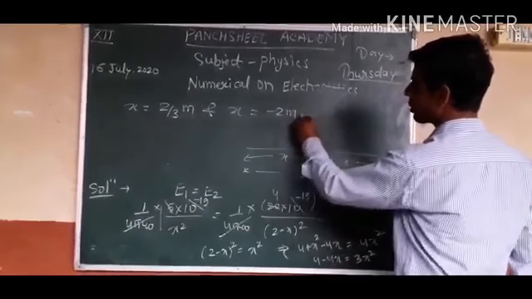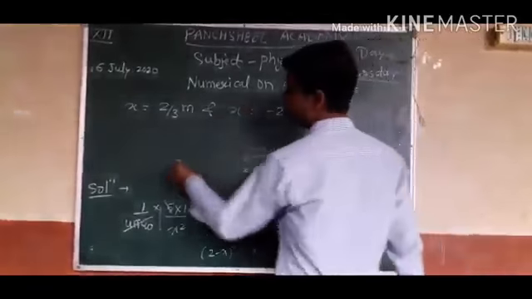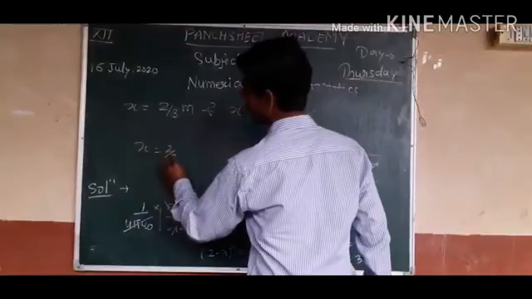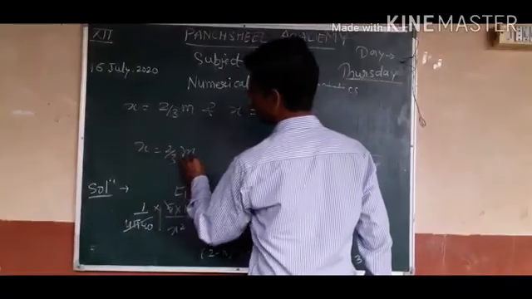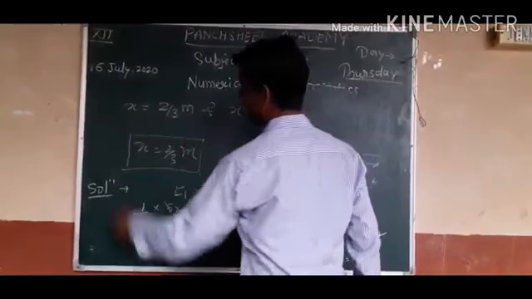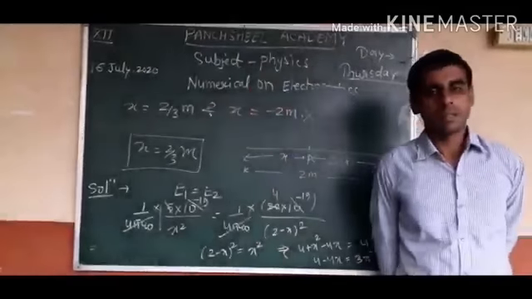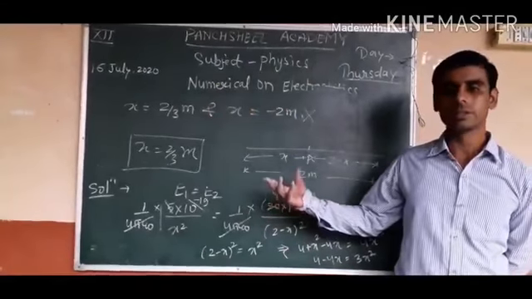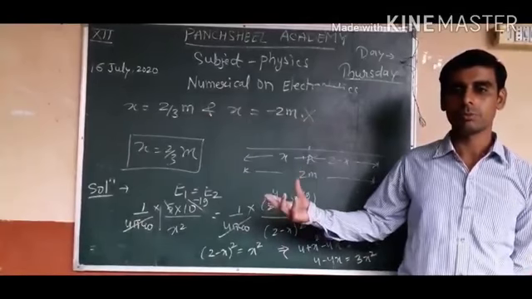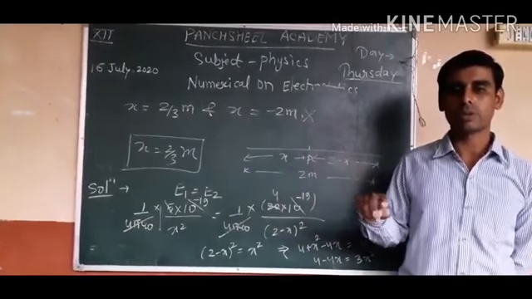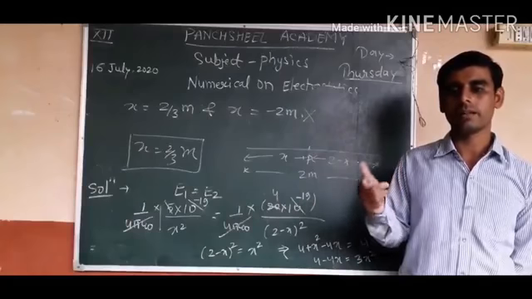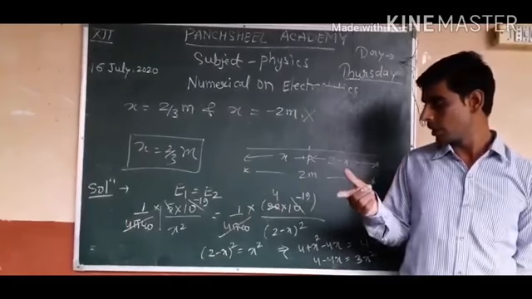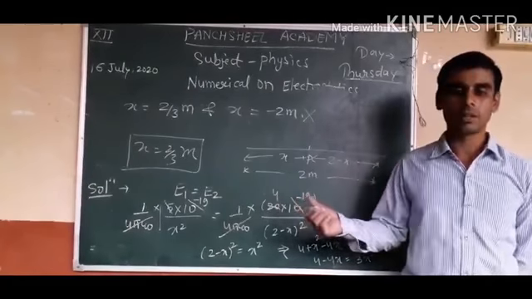This value is not possible, only x equal to 2 by 3 meter. So this is the point where the electric field is 0 between the two charges, 5 into 10 to the power minus 19 coulomb and 20 into 10 to the power minus 19 coulomb.